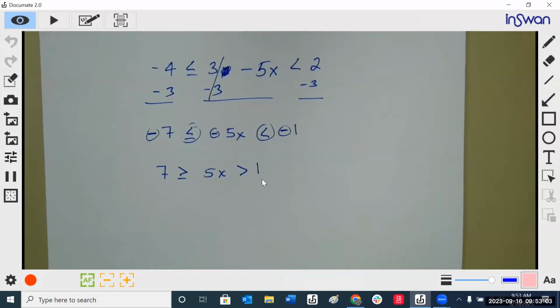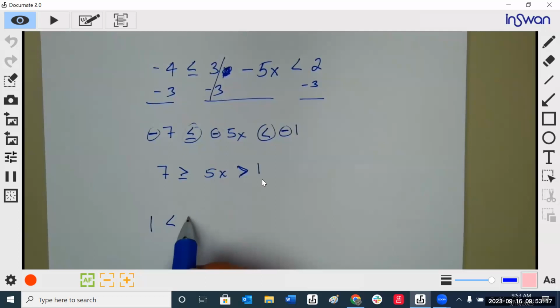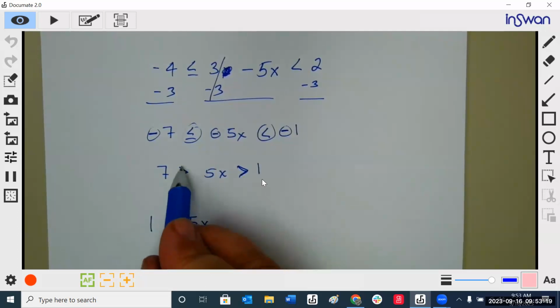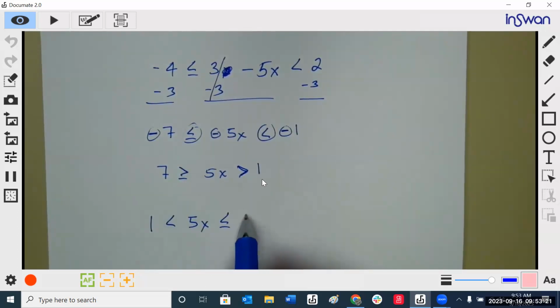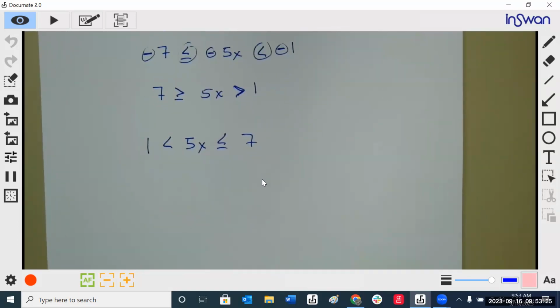Now, since we in essence changed the direction of everything, let's flip the entire equation over. So 1 comes here. The arrow is pointing to the 1. The arrow is pointing to the 5. The reason we do that is because we want to read it from left to right, smaller to larger.